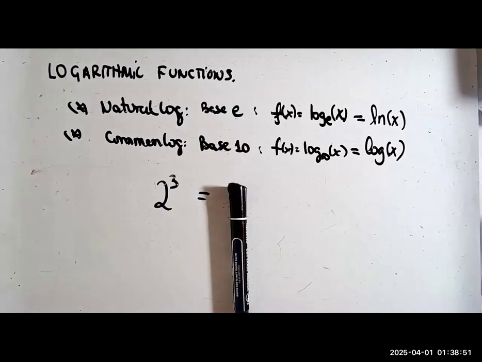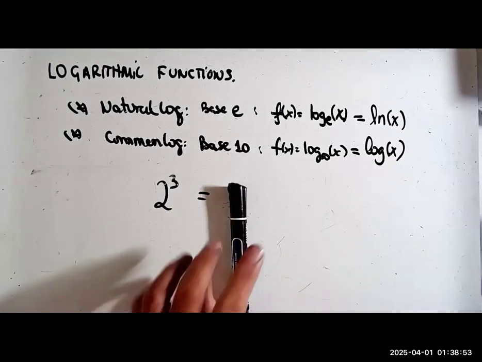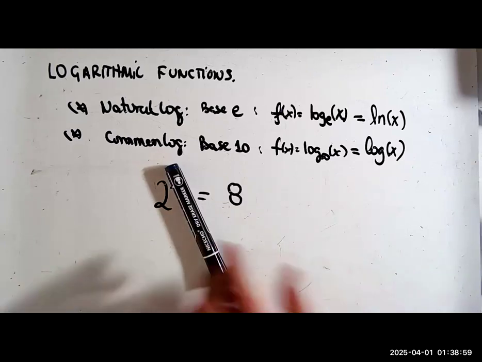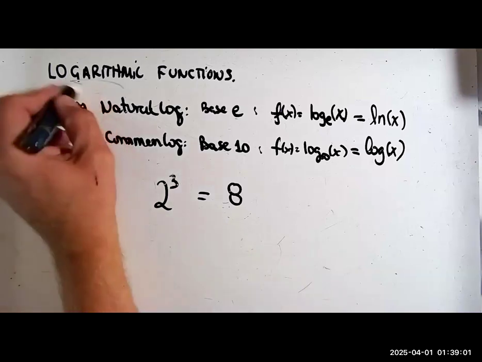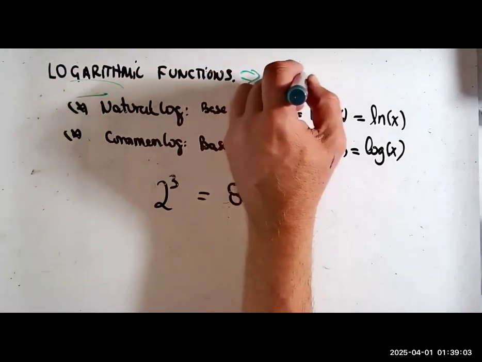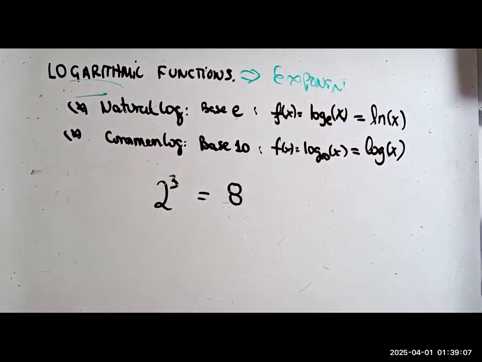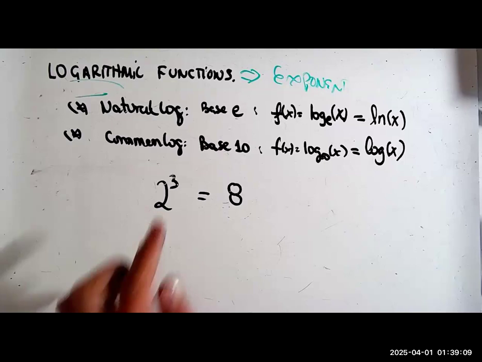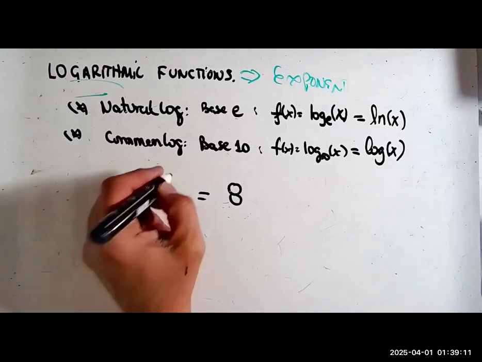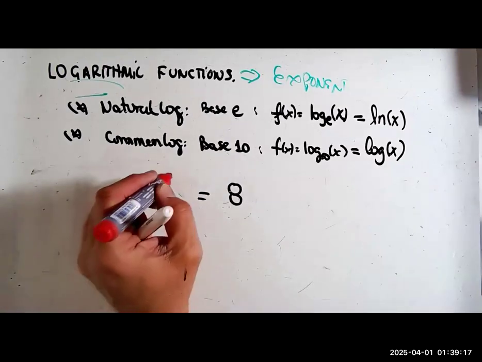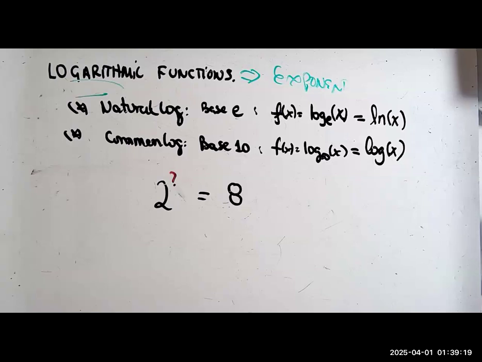So 2 to the 3 equals what? That will be an exponential question. 2 to the what equals 8? That will be a log question. So every time we talk about log, think of the exponent. As simple as that. The log, think of the exponent. So if I put a question mark here, it means what?